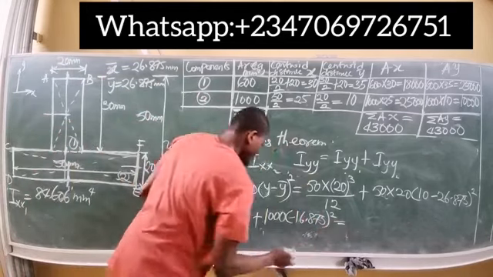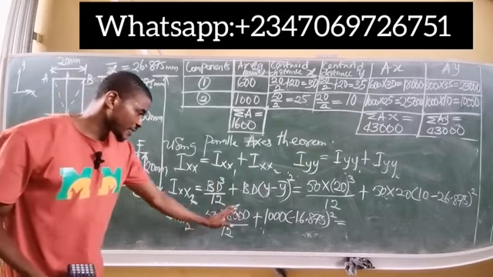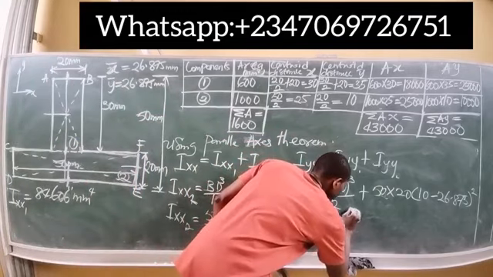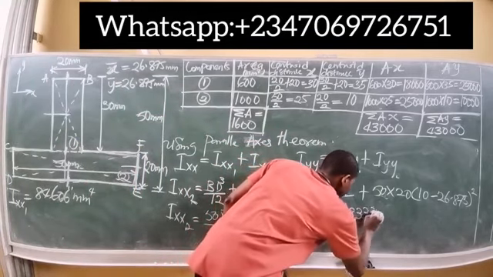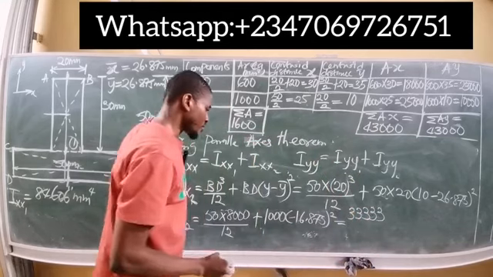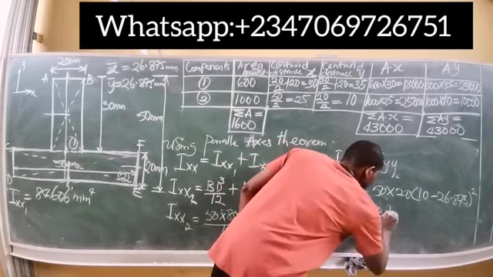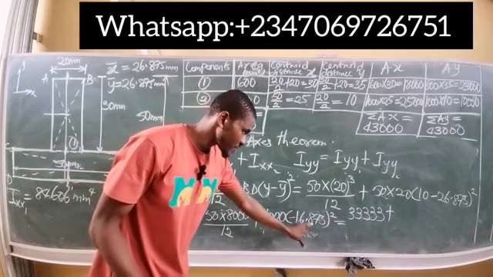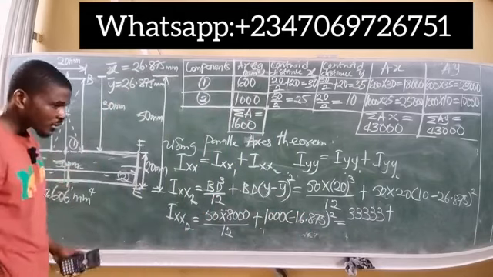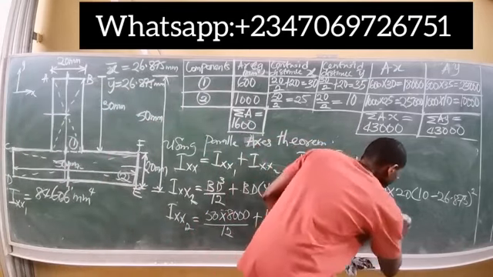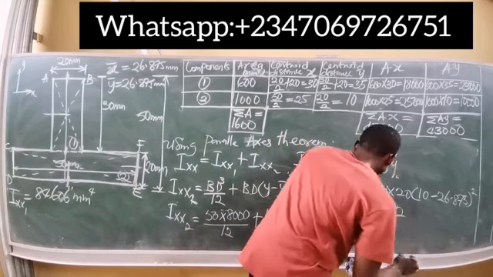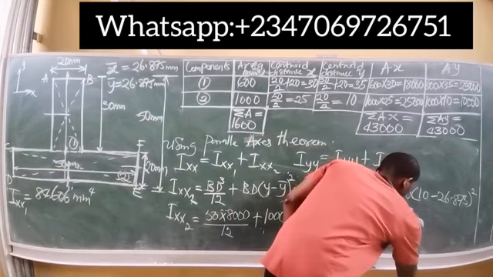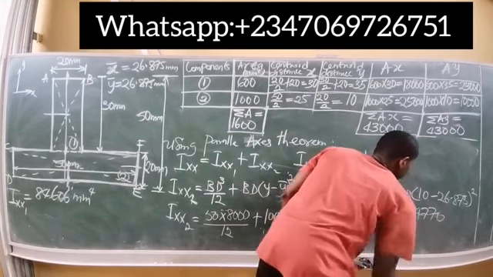So this is now equal to, let's obtain 50 by 8,000 divided by 12. That gives us approximately 33333. Plus 1000 multiplied by 16.875 squared gives us approximately 284770.